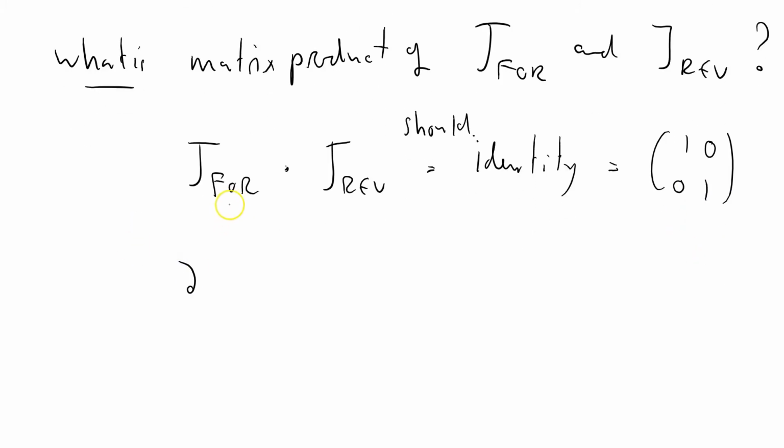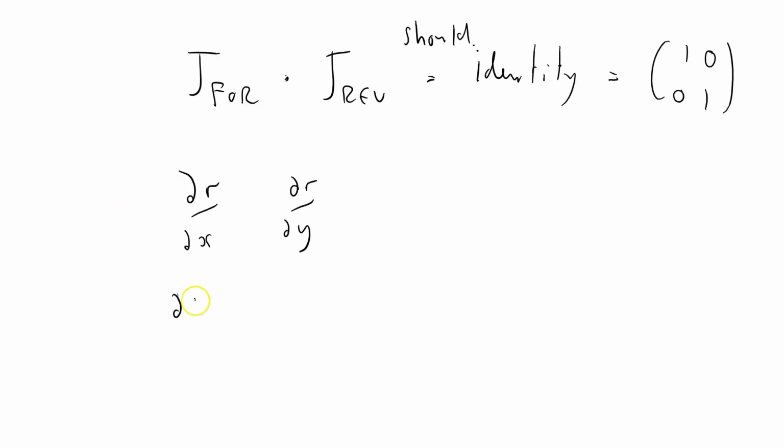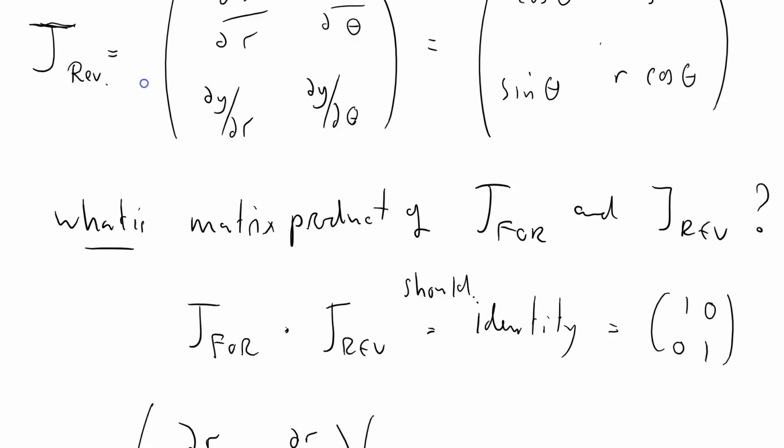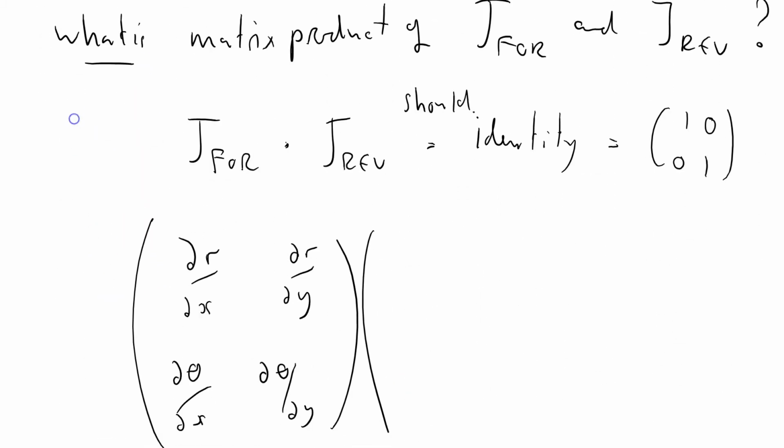The forward one had the r's on the top and the x's and y's on the bottom. And then the reverse transformation was up here, which had the x's on the top and the r's and thetas on the bottom.